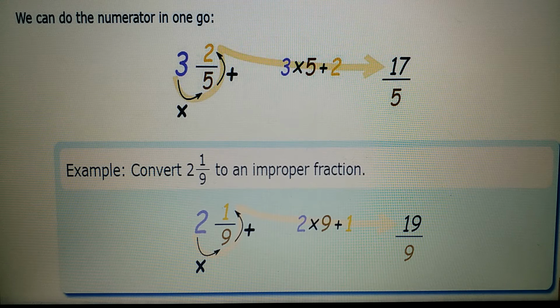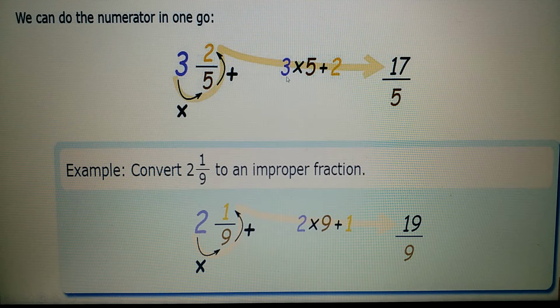Okay, so how are we going to convert a mixed number into an improper fraction? For example, if the fraction is 3 and 2 over 5, first step, you multiply 3 by 5, and then add the answer to the numerator, which is 2.